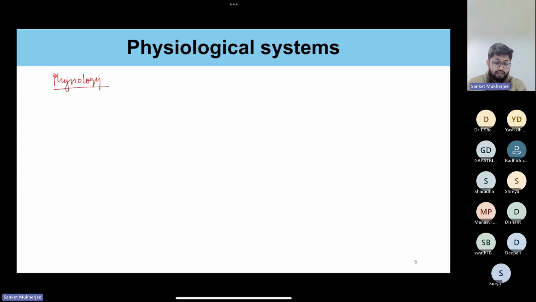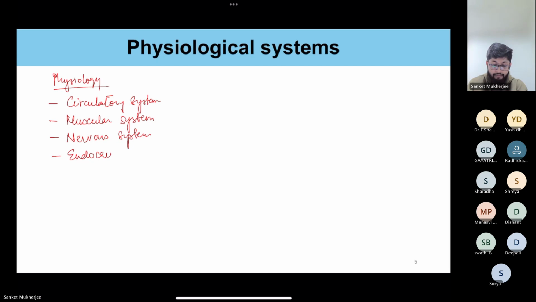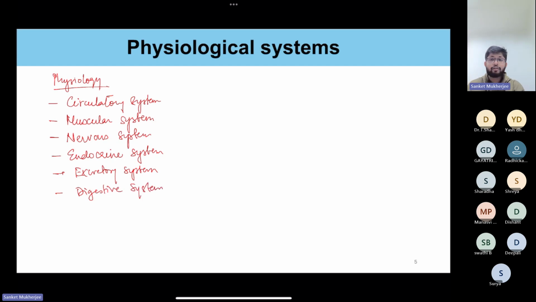There is the circulatory system, then the muscular system, nervous system, endocrine system, excretory system, and digestive system. Whatever is there, everywhere enzymes play a very important role.